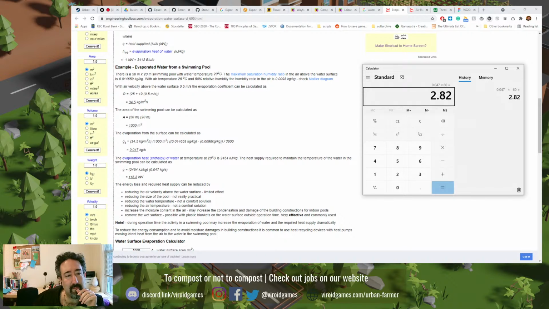Every minute, if you have an Olympic swimming pool, I think that's what that size, you have almost 3 kilograms, 3 liters of water evaporated. Like the swimming pool is drinking 3 liters of water per hour.